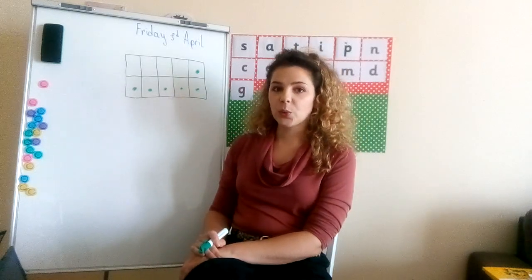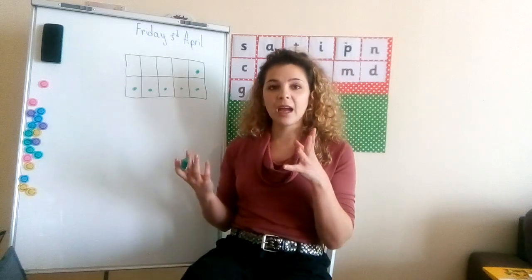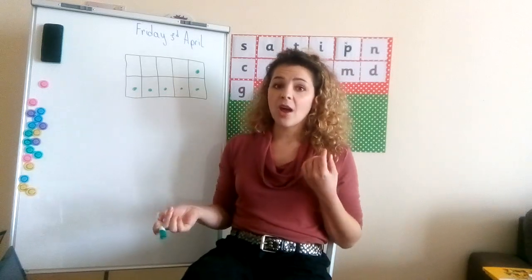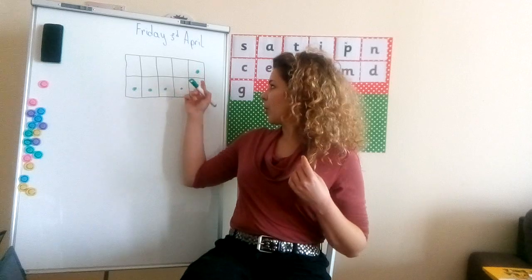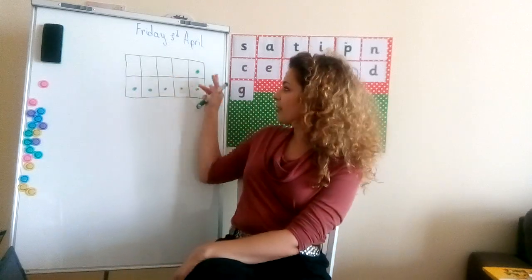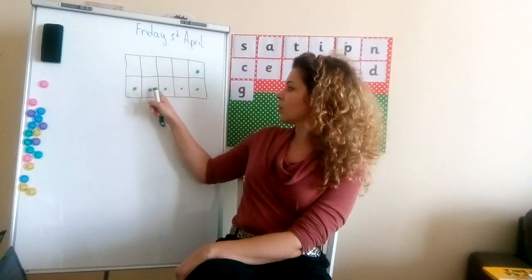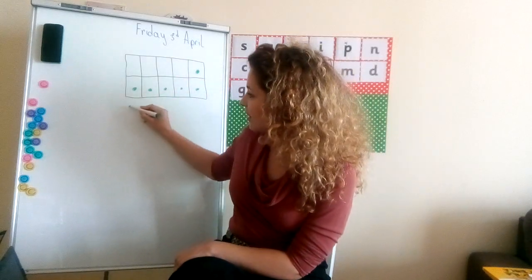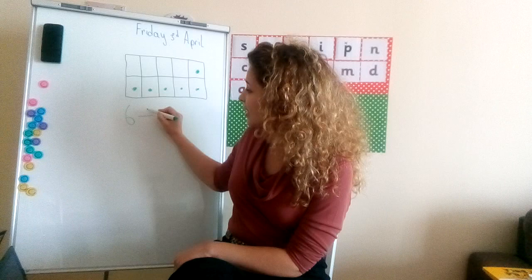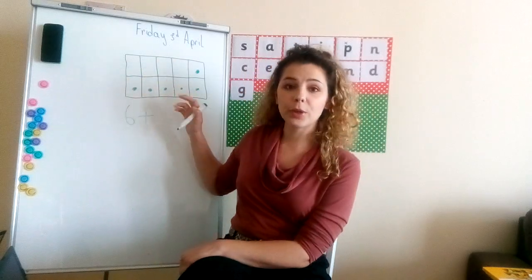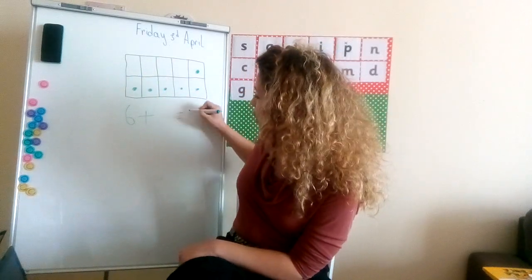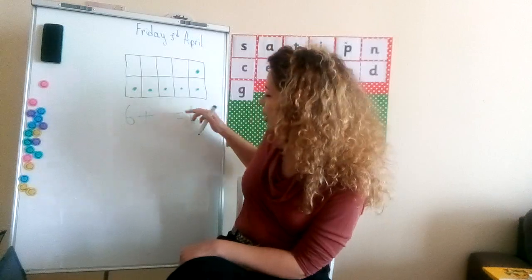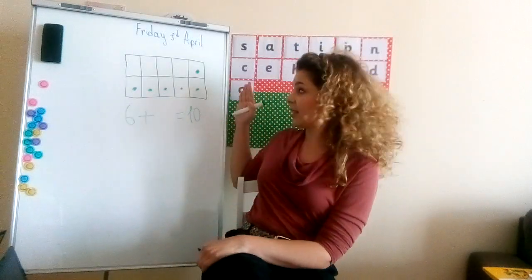So if you cover a few of them, let's see here. I covered how many? 1, 2, 3, 4, 5, 6. So I covered 6, and I have some which are empty. But we know that all together we have 10 frames here, okay?